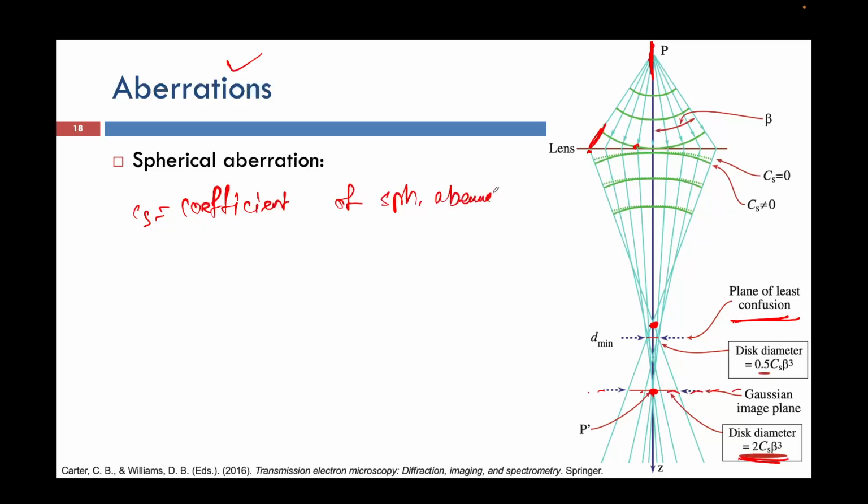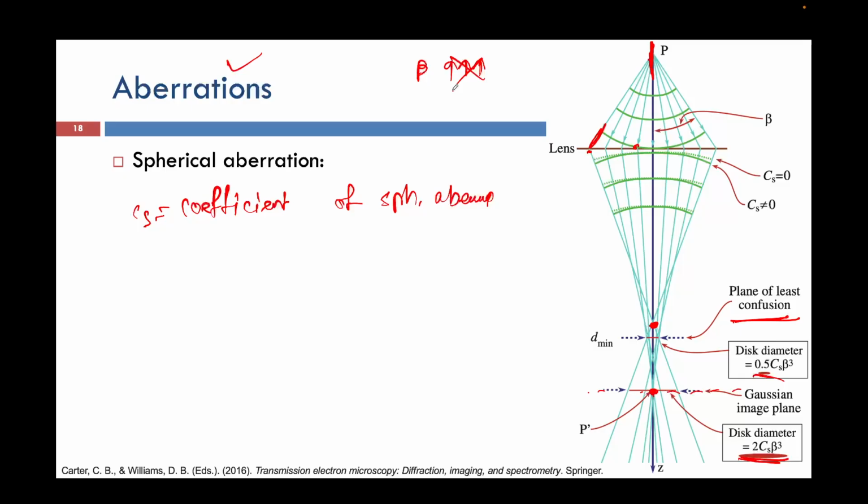In the disk, the plane of least confusion is 0.5 Cs beta cubed. The more beta, that means the semi-convergence angle, increases, the aberration will also increase. That is why we don't want our beta to be too high in an electron microscope.